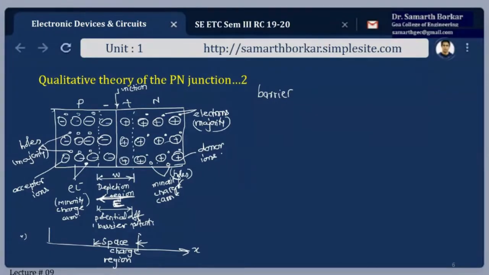The physical distance from one side of the barrier to the other side is referred to as width of the barrier. And this potential difference between the two is referred to as the height of the barrier. Now this is important from the numericals point of view. We're going to solve one or two numericals in today's class.